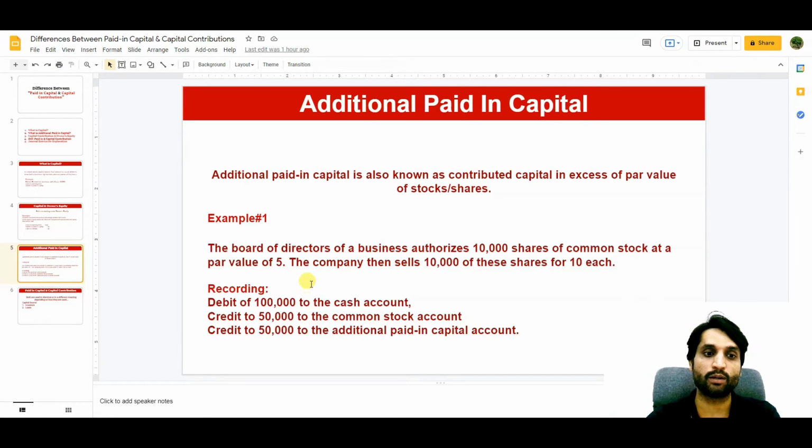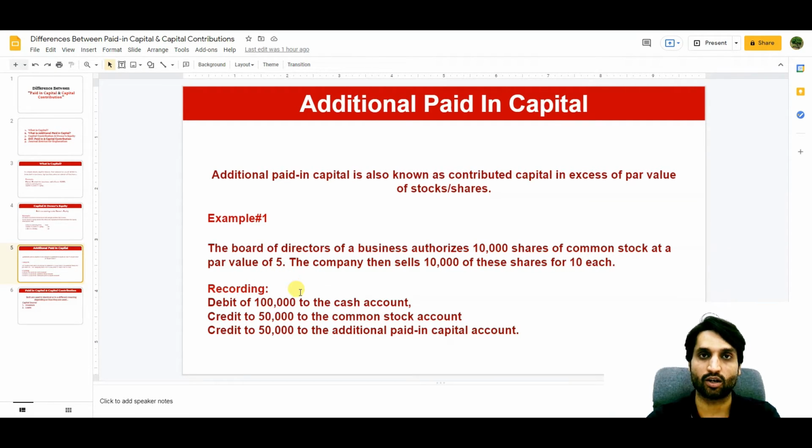Now let's see what will be the recording of this example, so we will know what additional paid-in capital is. Debit 100,000 to the cash account, because 10,000 multiplied by 10 is 100,000, so 100,000 cash is coming to the business. Credit 50,000 to the common stock account, 10,000 multiplied by 5.